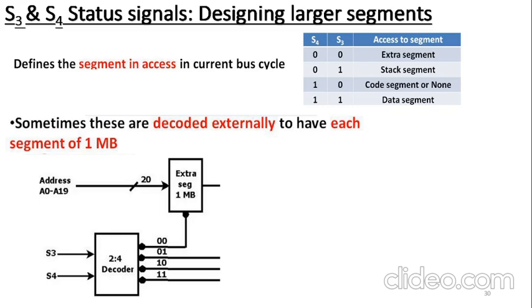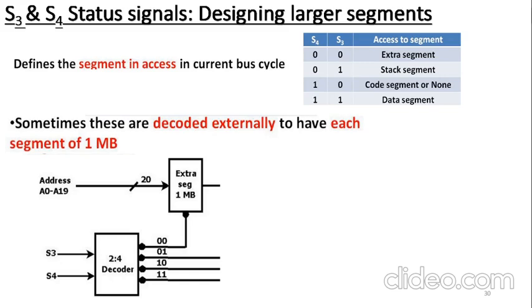And you can observe that selection of that extra segment is from the 0, 0 selection logic from the output of that 2 to 4 decoder. In the earlier table shown on the top side, 0, 0 is selecting the extra segment. It means that the status S3, S4 will be decoded at the first output of the decoder, which will be selecting a memory space of 1 megabyte, which is nothing but the extra segment.